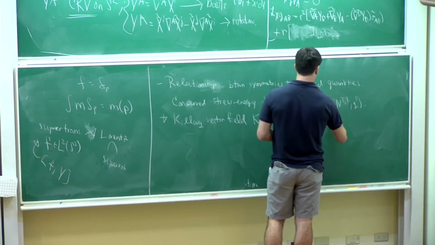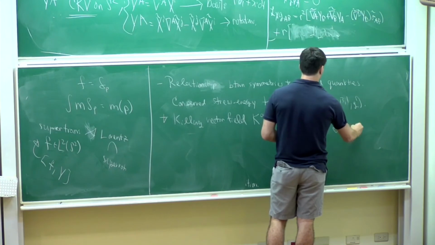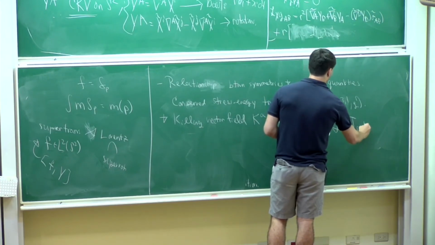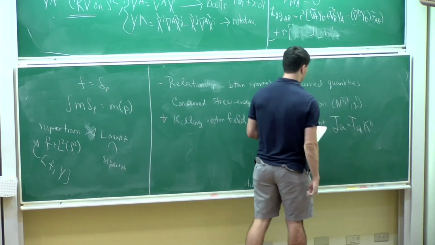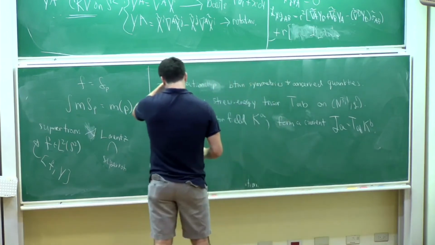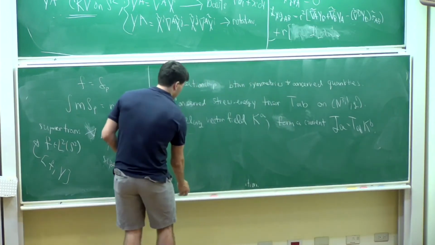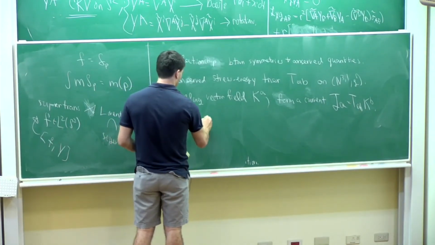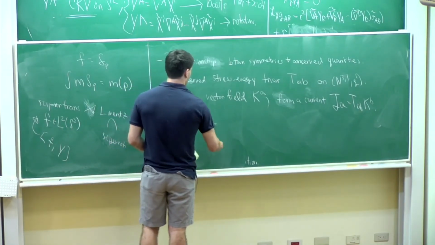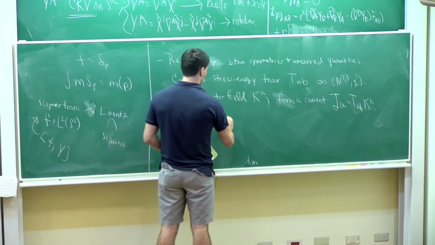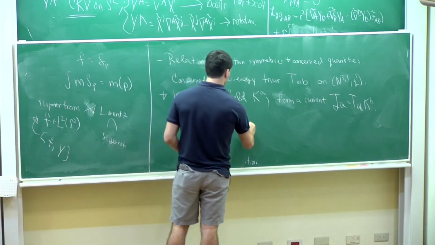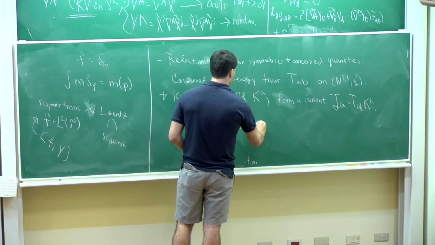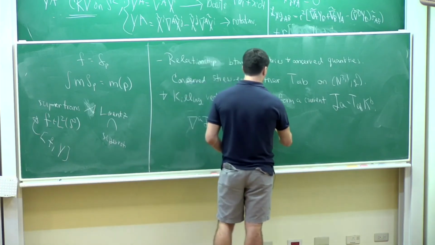Let me call it J. And the thing about the current is it's divergence-free. As T_ab is conserved, and as K satisfies the Killing equation, J is conserved.